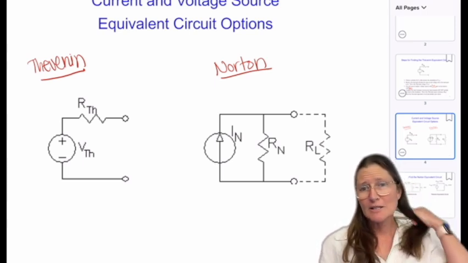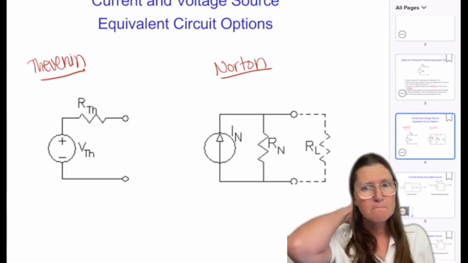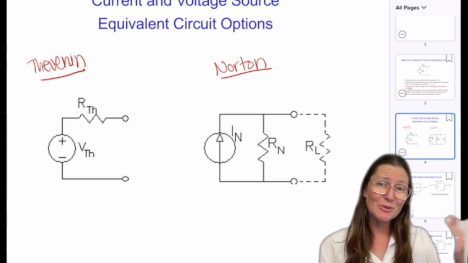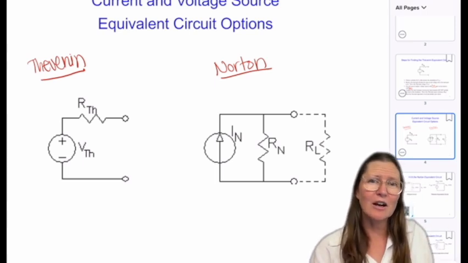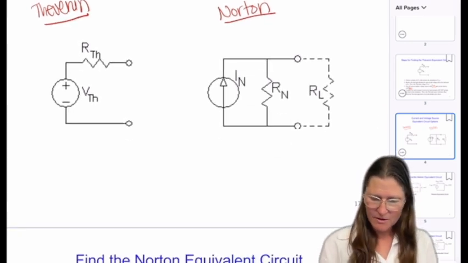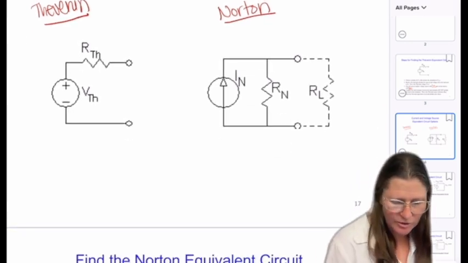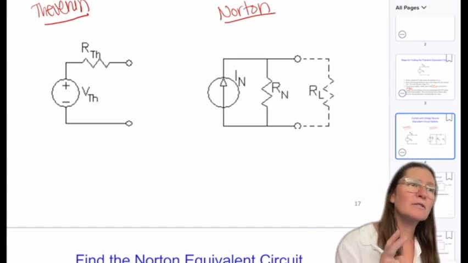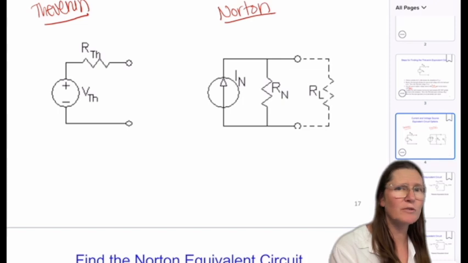You can find the current source value right away, and then RN is going to be RTH. Or you can use the transformation from finding the voltage first and then transform it into the current.